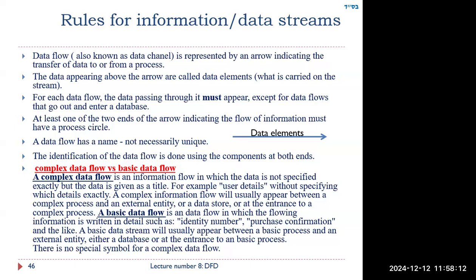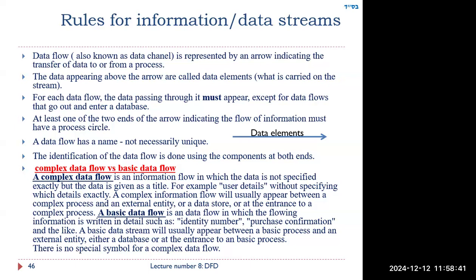The identification of data: complex data flow versus basic data flow. A complex data flow is an information flow in which the data is not specified exactly, but is given as a title. What I mentioned before: user information, user details, without specifying which details. The complex information flow will usually appear between two complex processes, or between a complex process and an external entity or a data store.